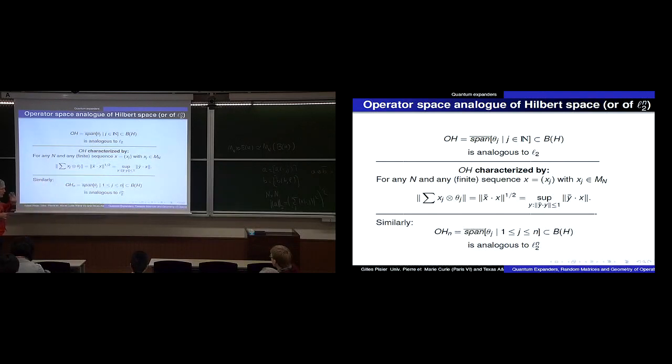This space corresponds to Hilbert space in operator space theory. It is the unique self-dual object in operator space theory, but it is easy to imagine what it can be once you read this line. It is clearly an object very much analogous to Hilbert space.